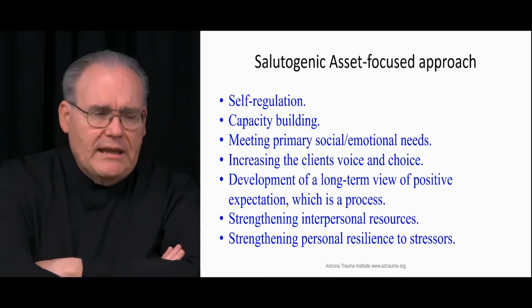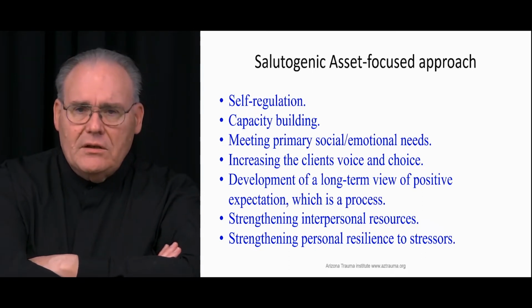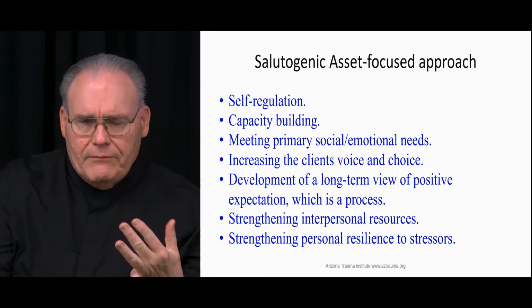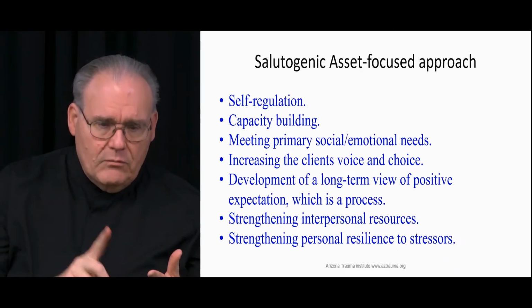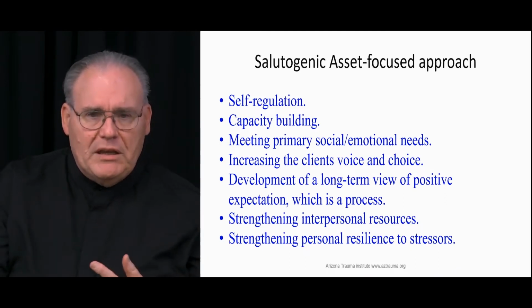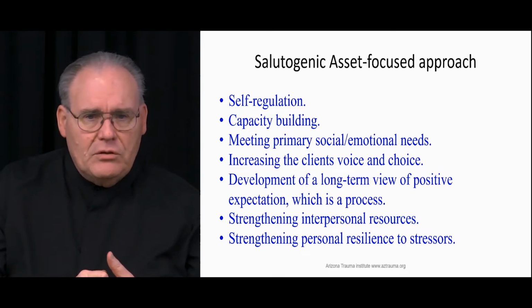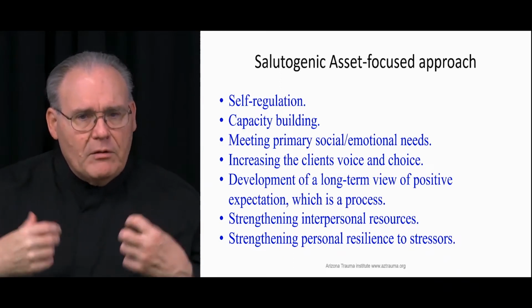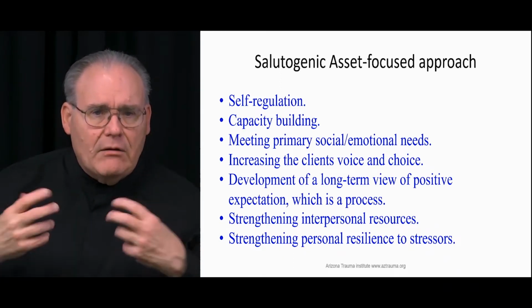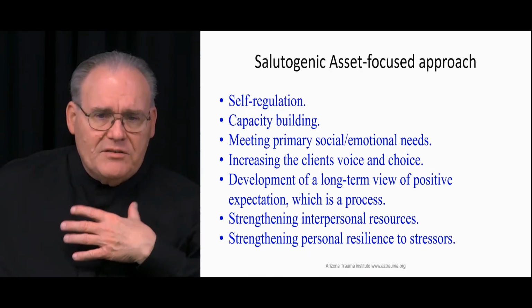So when you look at a salutogenic asset-focused approach, which is what we're talking about, there are some key features built into it. Self-regulation is necessary, so we're going to be talking about that. Capacity building: people need to be able to meet their primary social and emotional needs. They have to be respected and valued for their opinions, their choices, their ideas, and not have an agenda put on them.